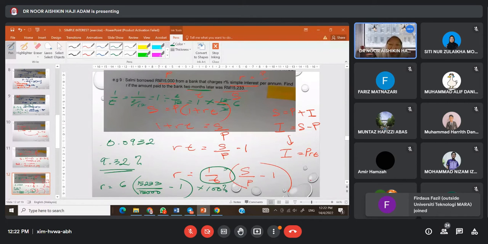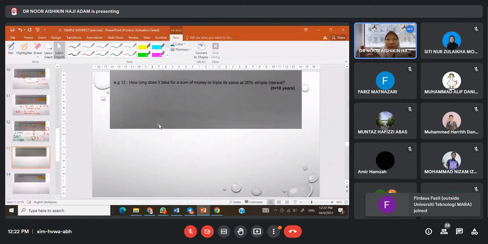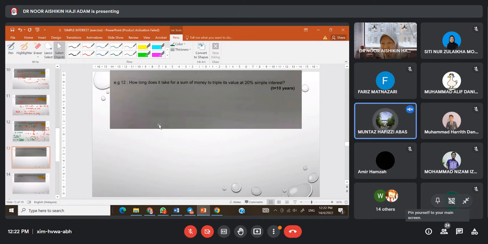Okay. In that case, moving on. How about this one? Dah buat? Apa yang dapat? Tak faham soalan. Tak faham yang the sum of money to triple. How long does it take for a sum of money? So this sum of money is principal.